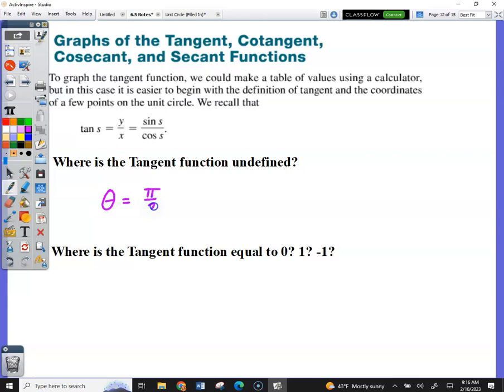So pi over 2, but we're going to account for any possibility, which would mean that it could be positive pi over 2, or it could be negative pi over 2. Then it's going to hit 3 pi over 2, or if you were going negative 3 pi over 2, and so on.